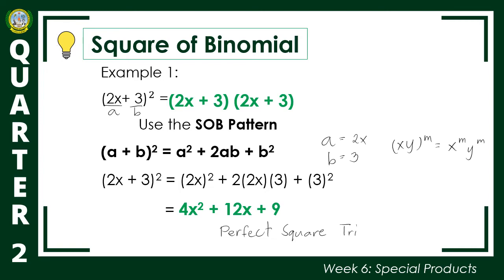And it's a trinomial. Kaya po, perfect square trinomial. So, ang palatandaan lang po, the first term should be a perfect square. Ayan. So, kita nyo naman, 4 is a perfect square as well as 9. And then, yung second term natin, yung middle term po is laging twice the product of the first and the second term of our original binomial.